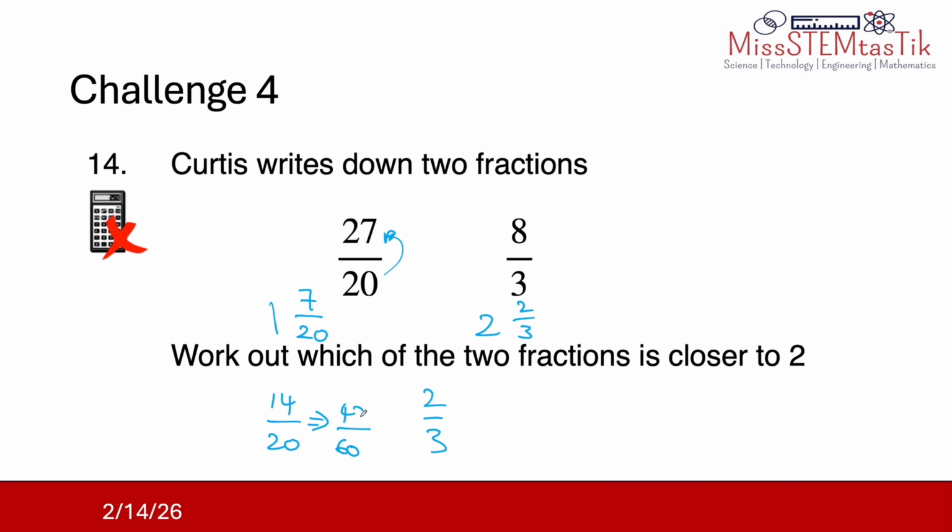So 20 times 3 is 60, 14 times 3 is 42, 3 times 20 is 60, and 2 times 20 gives me 40. Now the next step is to compare the numerators. So I've got 42/60 on one side and 40/60 on the other side. Now clearly 40 is less than 42, so therefore the second fraction, 8/3, is closer to 2 than 27/20.